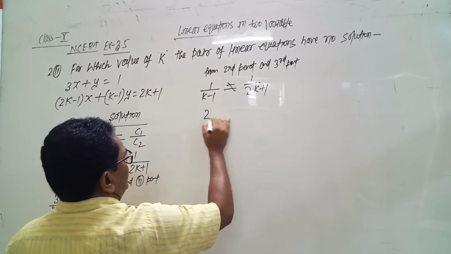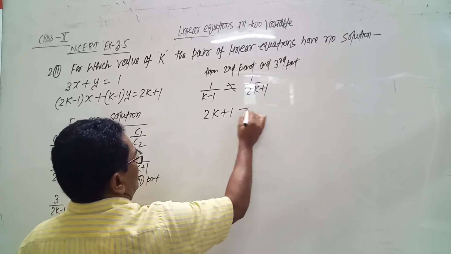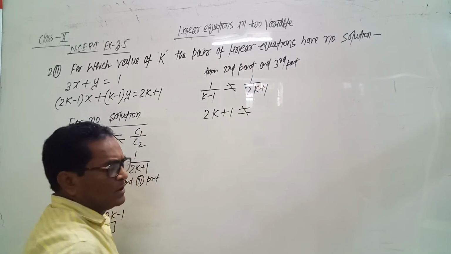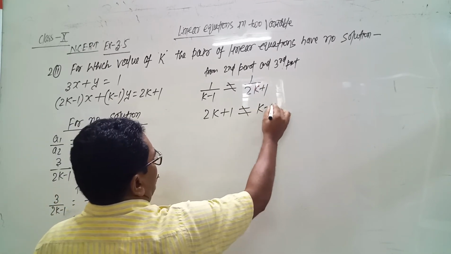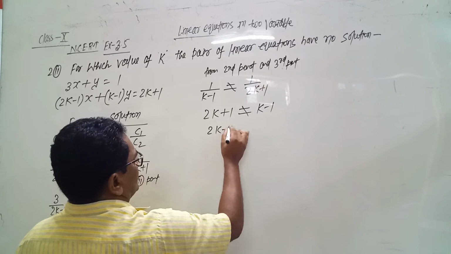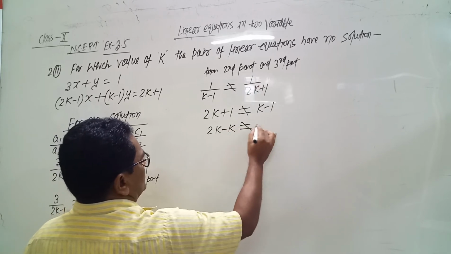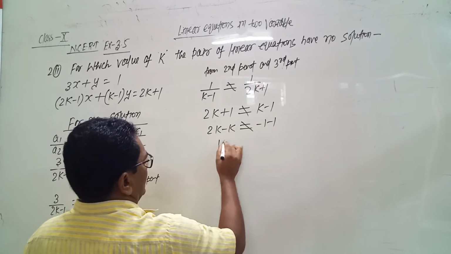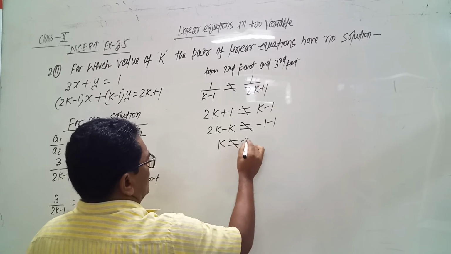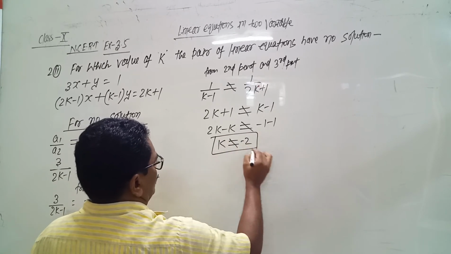Do cross multiplication. So 2k plus 1 is not equals to k minus 1, and 2k minus k is not equals to minus 1 minus 1, and k is not equals to minus 1.